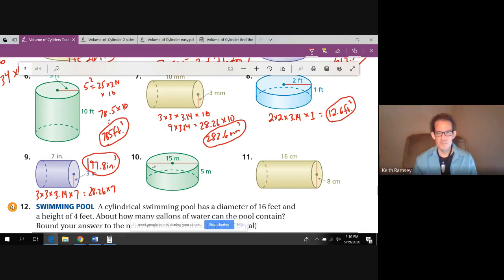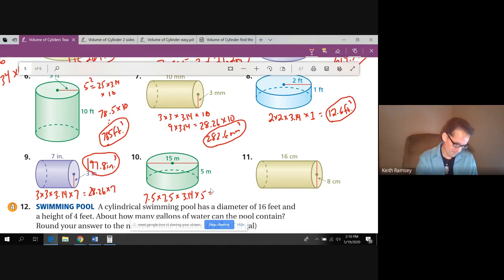Okay, number 10, they're giving you the diameter. That's not what you want for the area of a circle. You want half of that. So half of 15, if you divide it by 2, is 7.5. So I'd have 7.5 squared times pi times the height. So I got 56.25.